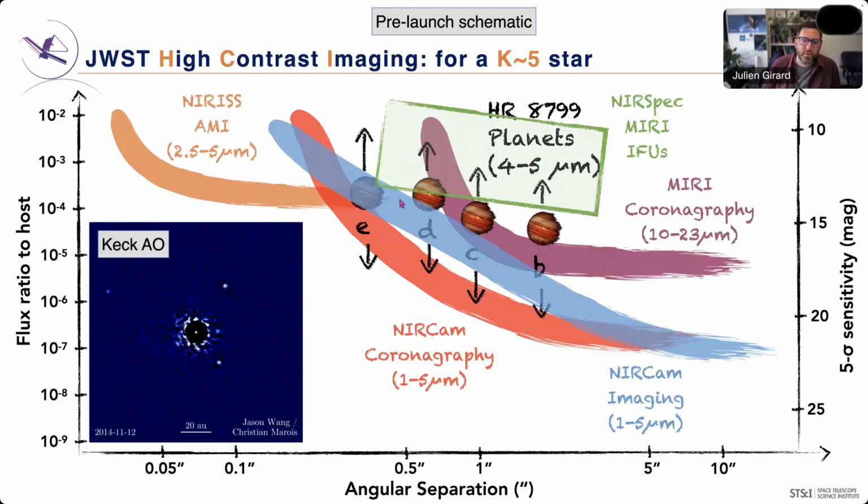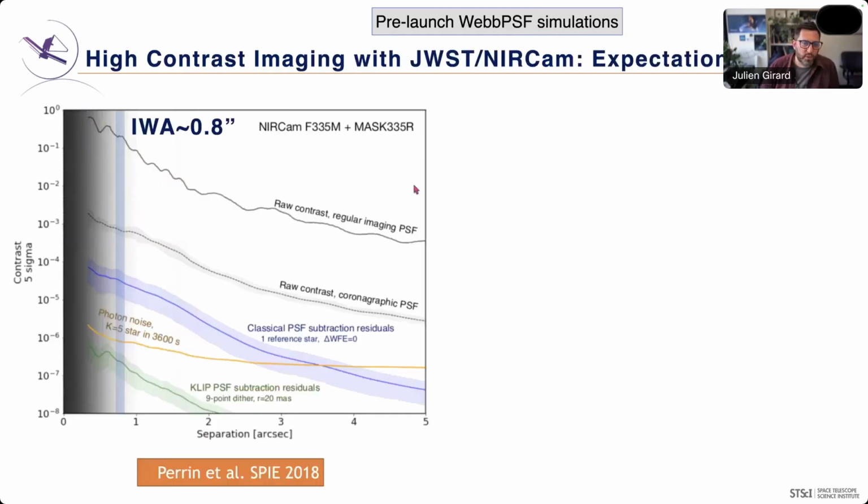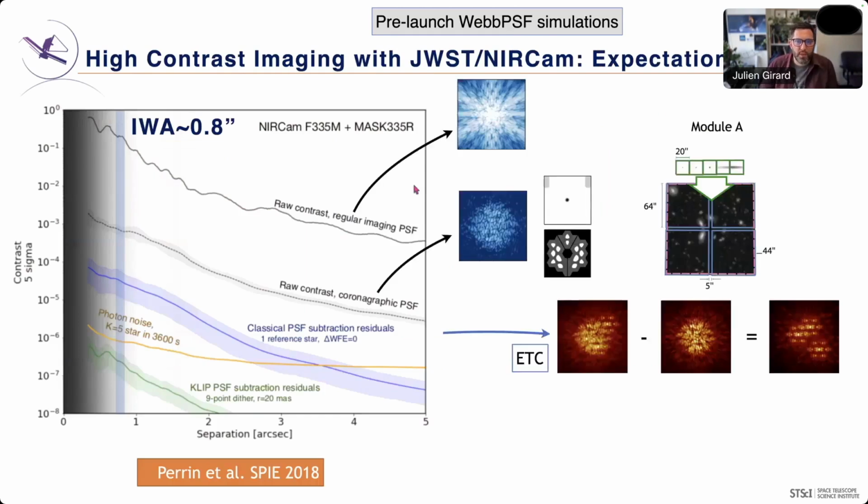And for the IFU, there's a paper by JB Ruffio showing that you can actually achieve a smaller inner working angle with a NIRSpec IFU than with NIRCam. This is also the WebbPSF pre-launch, in the Perrin 2018 paper. It's just to explain the strategy, and what limits us here is basically the photon noise at large separation.